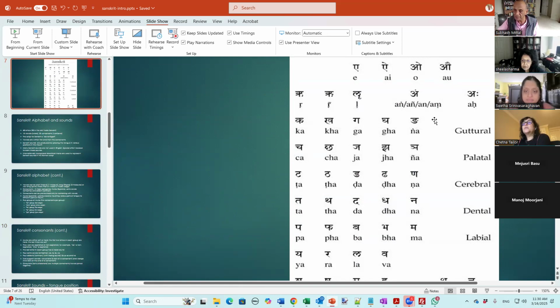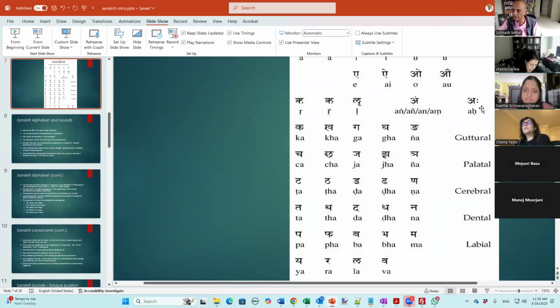Okay, and then there is this letter with these two dots. This is called visarga, like a colon at the end of the letter. The sound becomes aha.